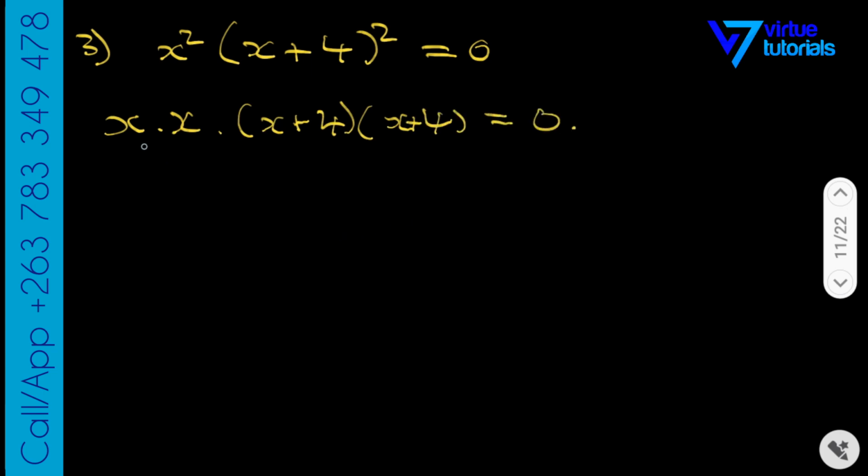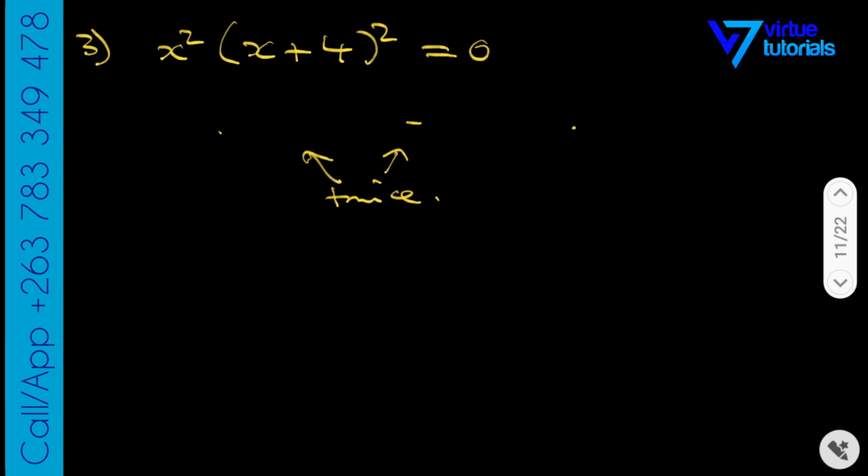So what do we see? X is going to appear twice, and the bracket x plus 4 is also appearing twice, because of the squared. Since these things appear twice, you solve them once and you write twice.